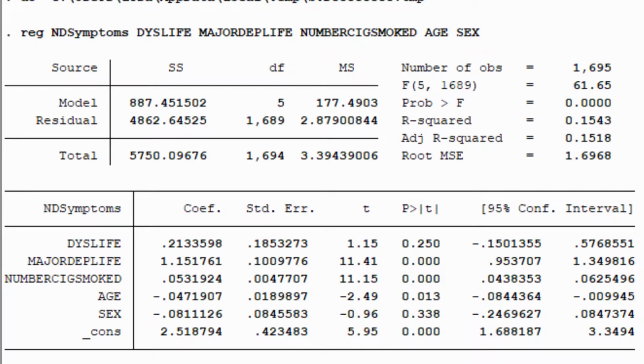As in the previous example, using multiple regression, we can continue to add variables to this model in order to evaluate multiple predictors of our quantitative response variable, number of nicotine-dependent symptoms.